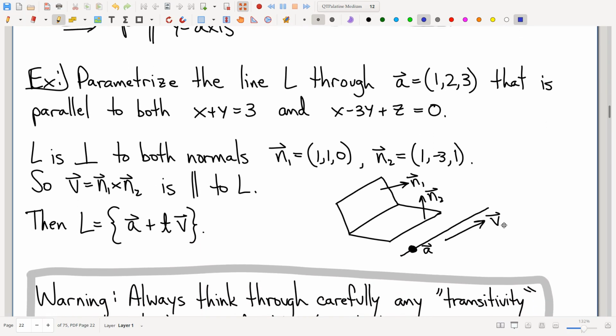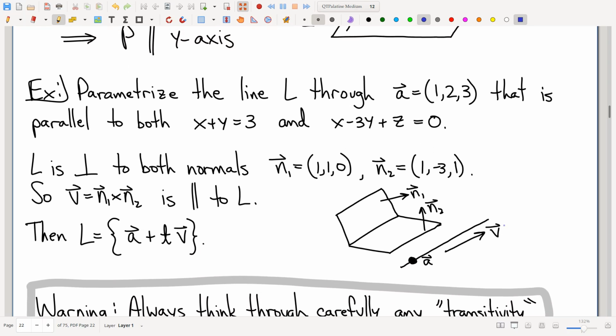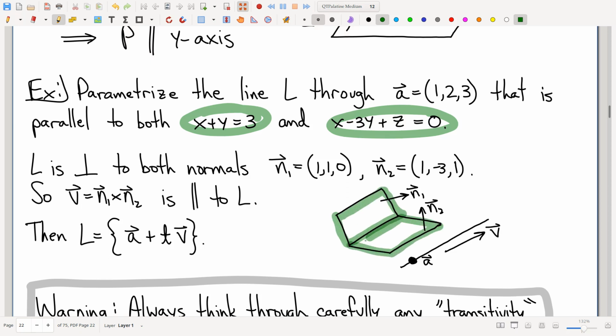Okay. Here's another cool result. This is more of a puzzle. Here we're given a couple of planes. Specifically, we're given the equations of these two planes. And let's see, we are given a point.